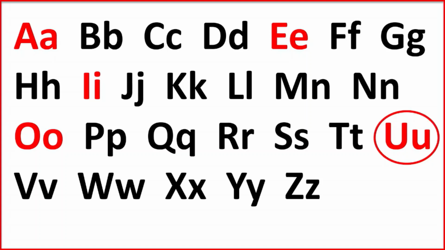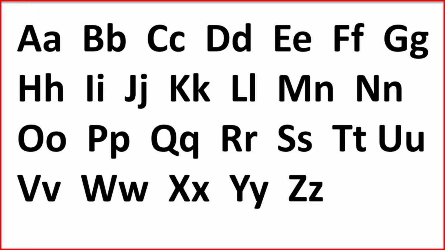This is U. What is this? This is T. What is this? This is V. What is this? This is X. What is this? This is Y. What is this? This is Z. Very good. Find out the vowels.